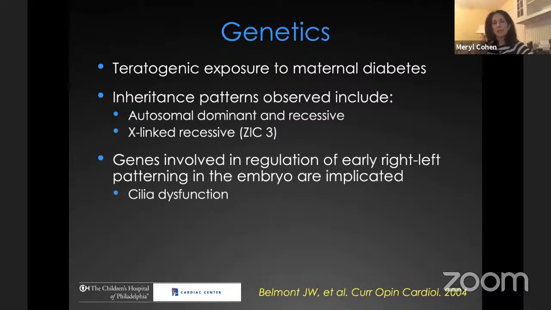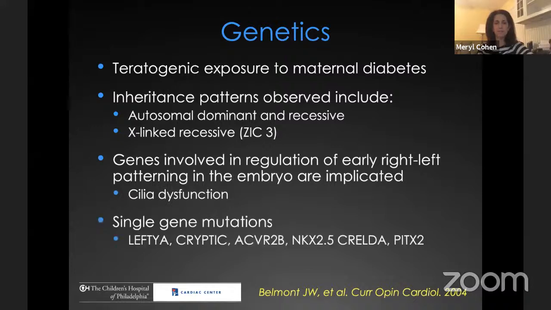It makes sense that genes involved in early right-left patterning in the embryo, how the embryo determines the right and left side of it, are implicated in this problem. What goes along with these issues is ciliary dysfunction, because cilia are involved in the embryo identifying right-left sidedness.